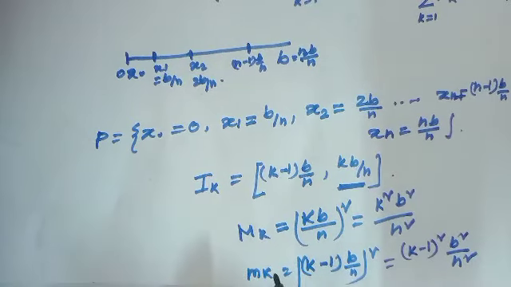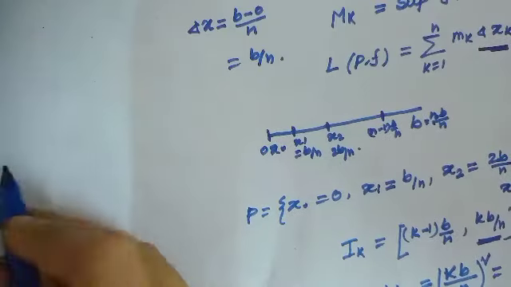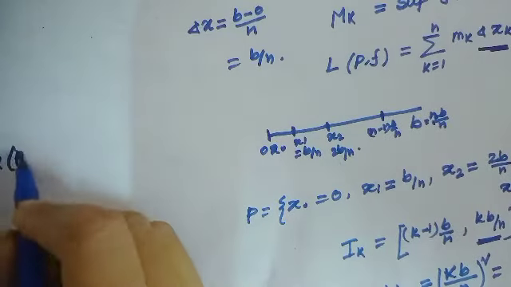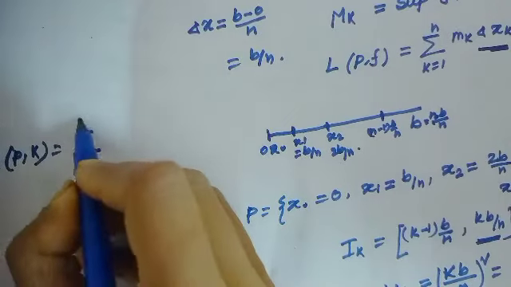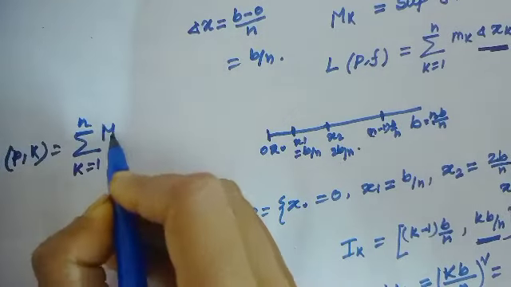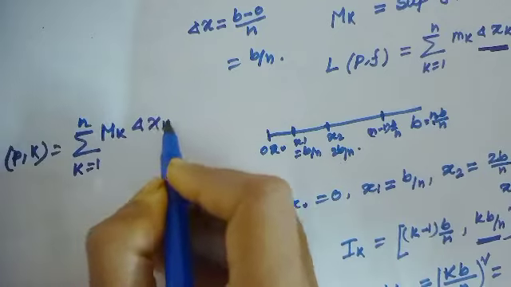Now we have found the capital Mk and small mk, and now we have to find, for Riemann integrability, the UPF and LPF. The value of UPF would be summation k equal to 1 to n of capital Mk times delta xk.